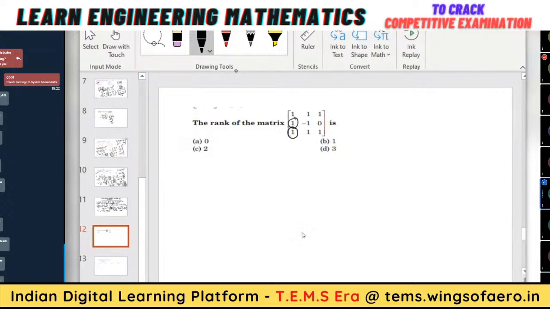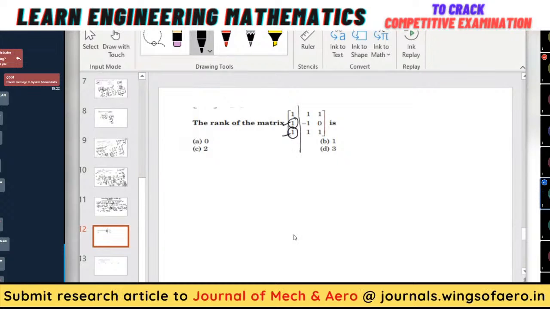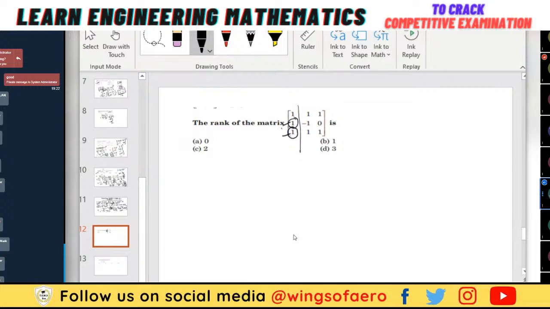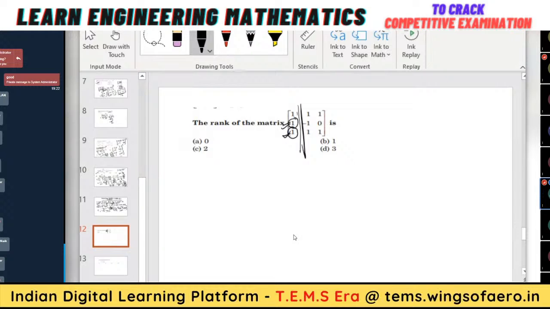Your next task will be to make the second and third elements of this first column 0 and 0. Your first target will always be to make the second and third elements 0. Okay, so let's try this.